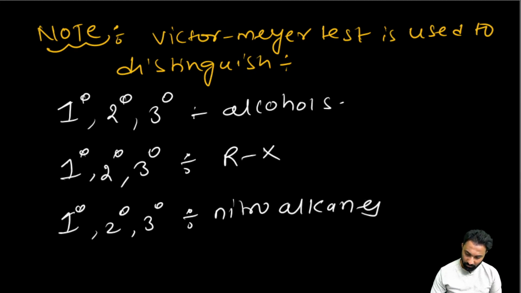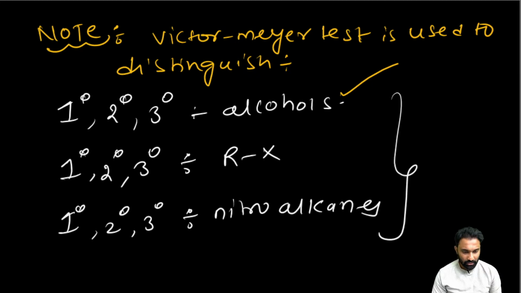Clear? You have to be very careful. With the Victor-Meyer test, we can identify the 1 degree, 2 degree, 3 degree alcohols, alkyl halides, and nitroalkanes. Is it clear? Will you remember?